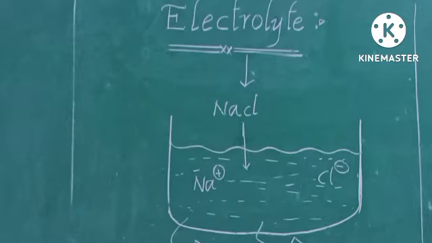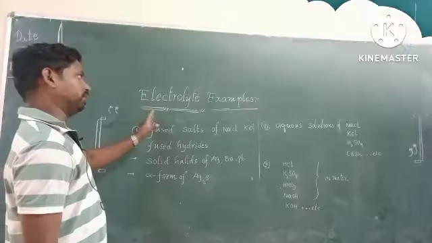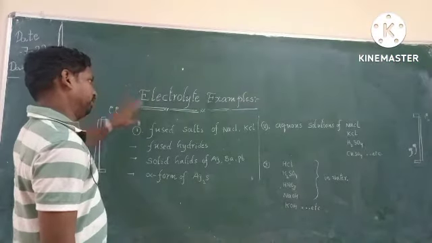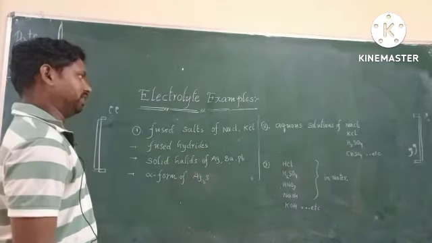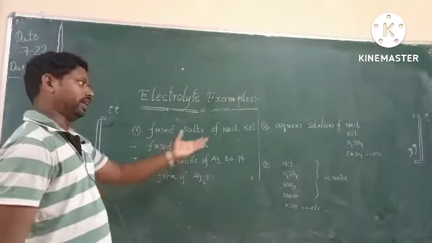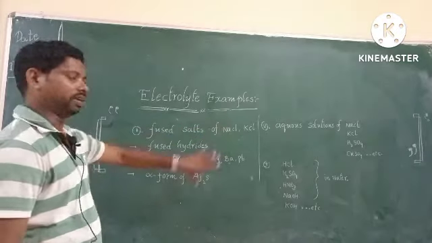Electrolytes are mainly classified into two categories. First one is strong electrolyte, second one is weak electrolyte. What are the examples of electrolytes? Fused salts of sodium chloride and potassium chloride, that means aqueous solution of sodium chloride and aqueous solution of potassium chloride.